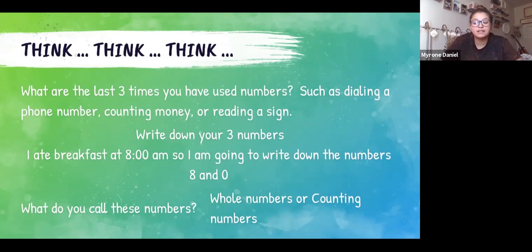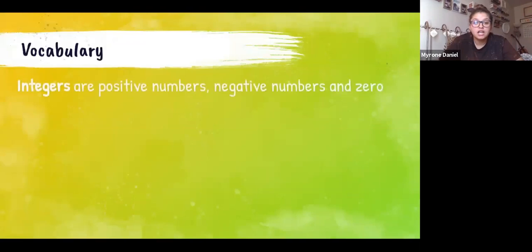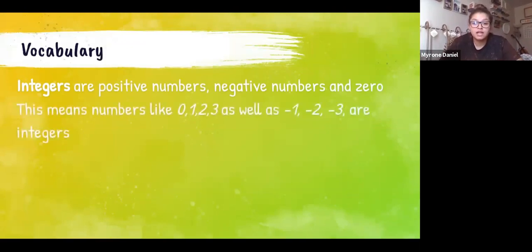But really, what is an integer? So that's in our vocabulary. An integer is a positive number or negative numbers and 0. So integers really cover all those numbers, positive, negative, and 0. And this means the numbers like 0, 1, 2, 3, as well as -1, -2, -3 are also integers.